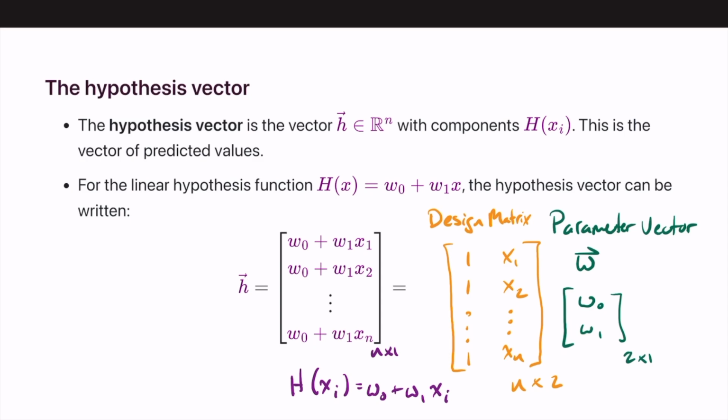But now we've taken this h vector, which really encapsulated every occurrence of our hypothesis function being used on all of our different x's, and we've packaged that into a design matrix and a parameter vector that we can now use. And using matrix multiplication, we can get back to this thing if we need to.